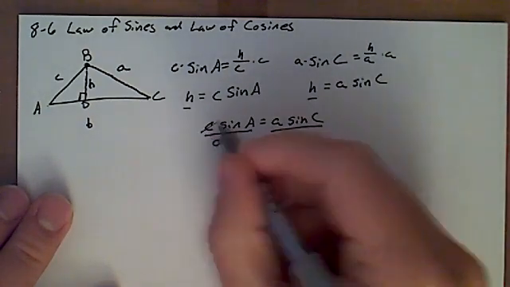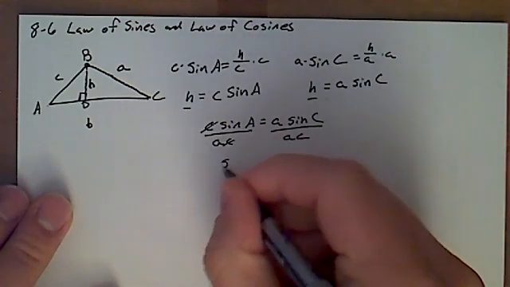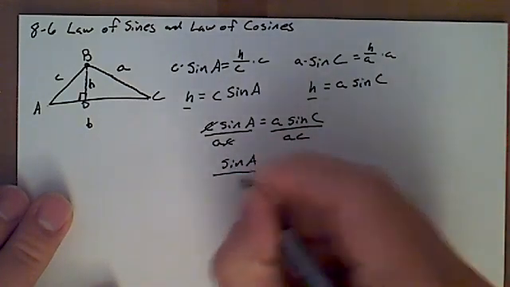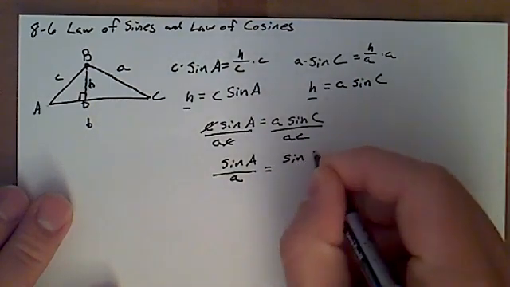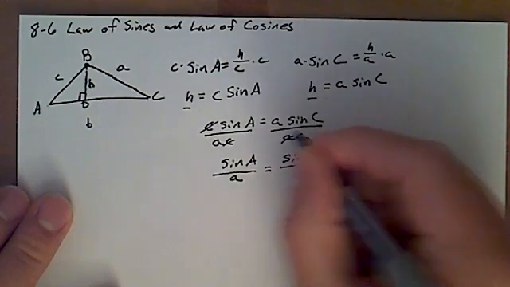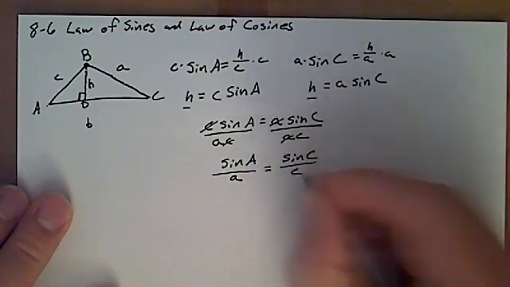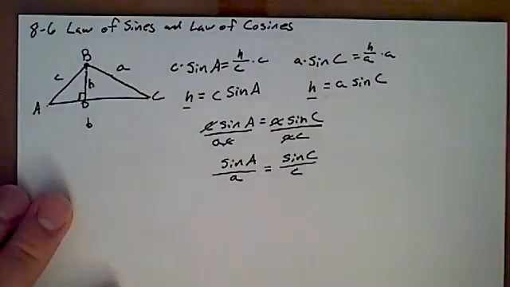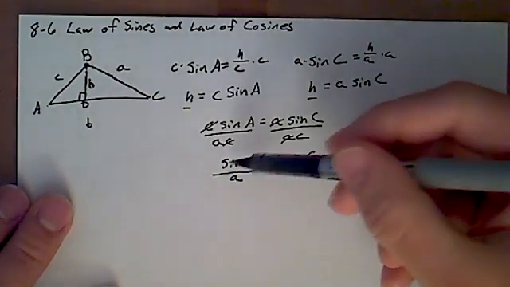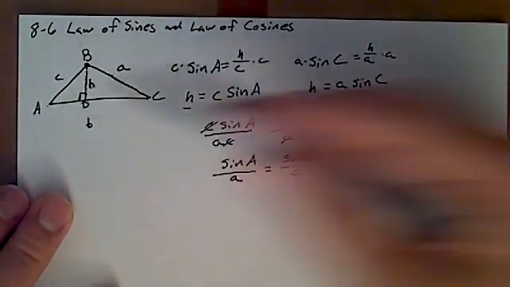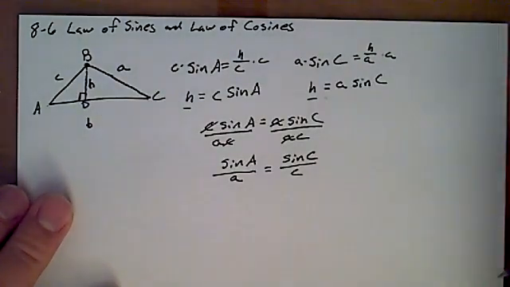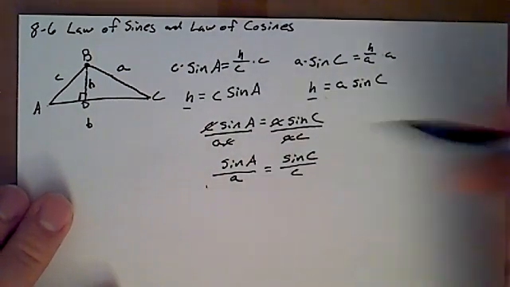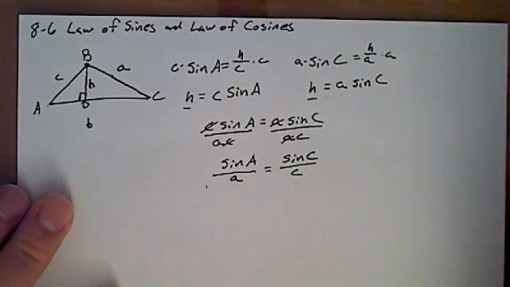The c's here cancel out, and we get the sine of A over a. And here the a's cancel out, we get the sine of C over c. Sine of A and a are both in our original diagram. Sine of C and c are both in the original diagram without h. And so this will actually be able to solve sides for us.